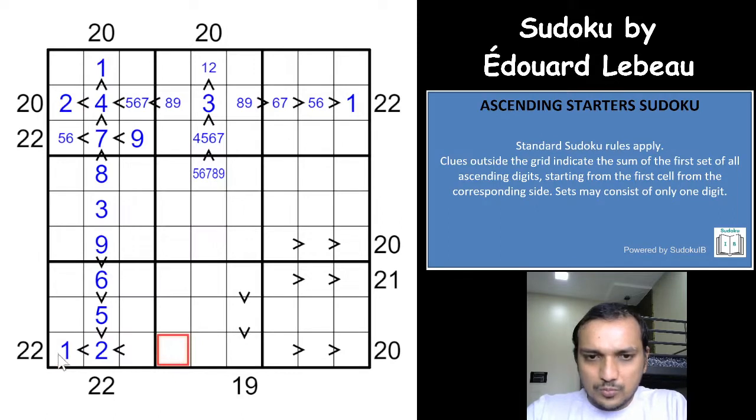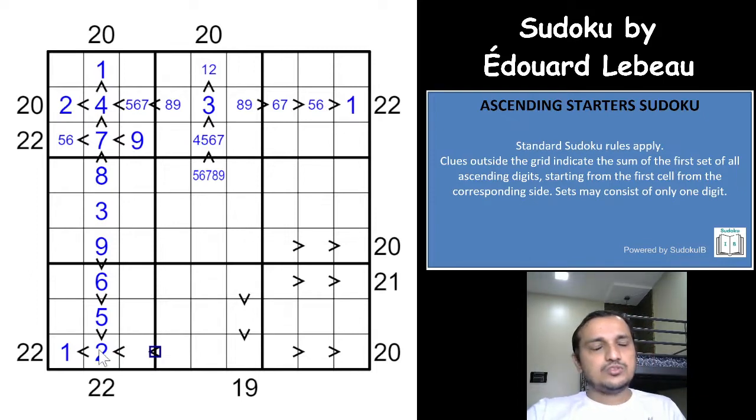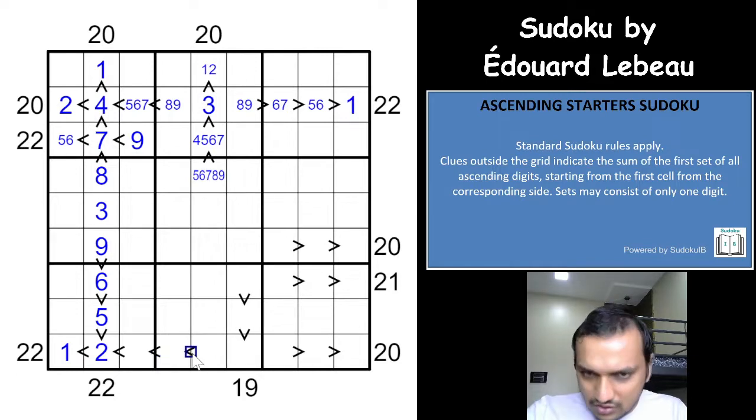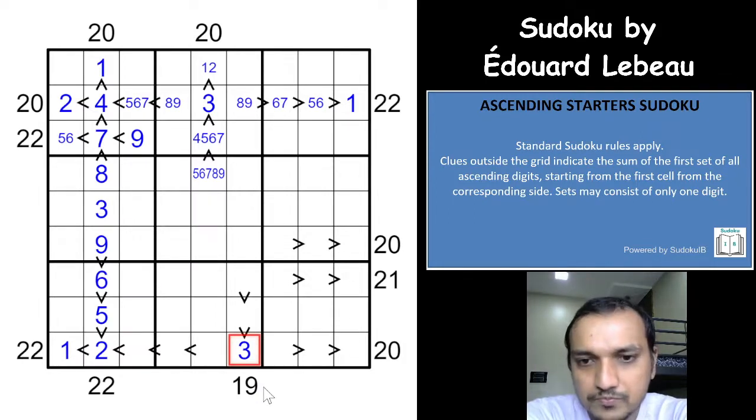Of course this cell is not possible because you cannot fulfill the 22 sum here, so which means this is greater than here. 1 plus 2 is 3, 3 minus 22 is 19, so 2 cells cannot have a sum of 19. This will still be a greater than symbol, and the only cell remaining for the 3 would have to be this cell. That's awesome.